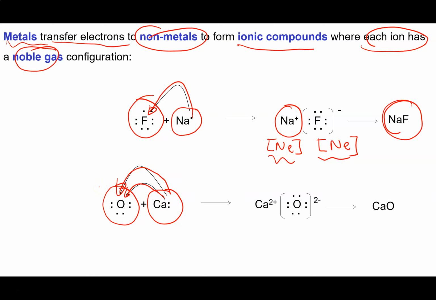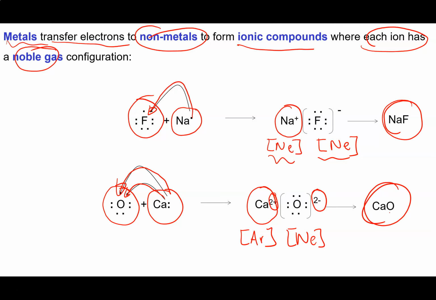This results in the formation of a calcium ion, and the calcium ion has 18 electrons in the argon configuration. The oxide ion that is formed has 10 electrons with the neon electron configuration, but the calcium ion is positively charged, the oxide ion is negatively charged. These ions are going to become stuck to one another, forming the compound calcium oxide.